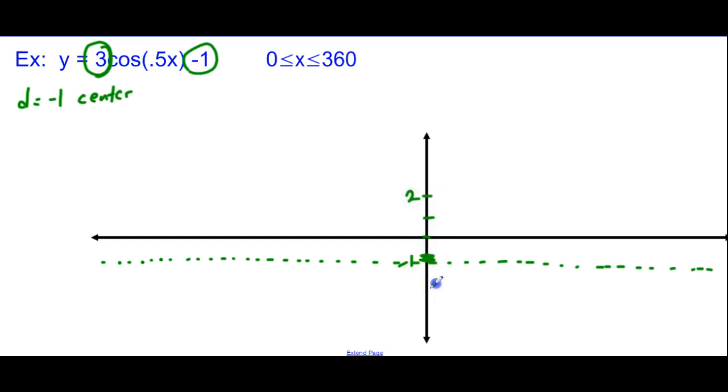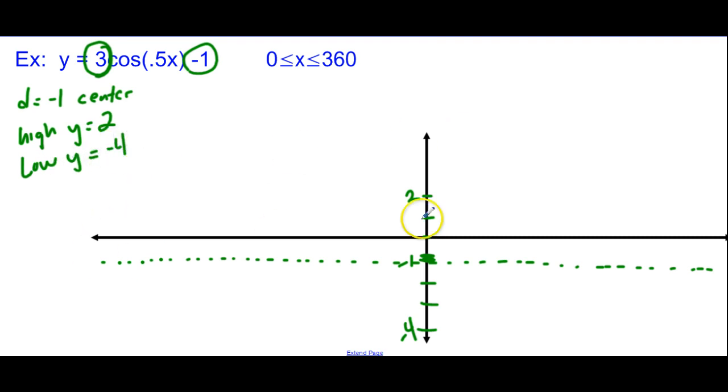And then negative 1, 1, 2, and 3. That goes to negative 4, sorry. All right, negative 4. So it goes up 3, goes down 3, negative 4, 2. Our high point is going to be y equals negative 2. Our low, y equals negative 4.